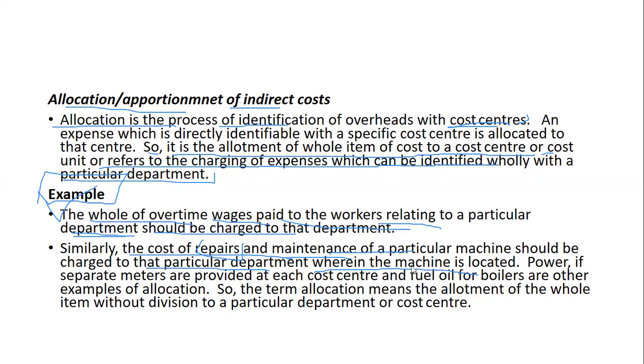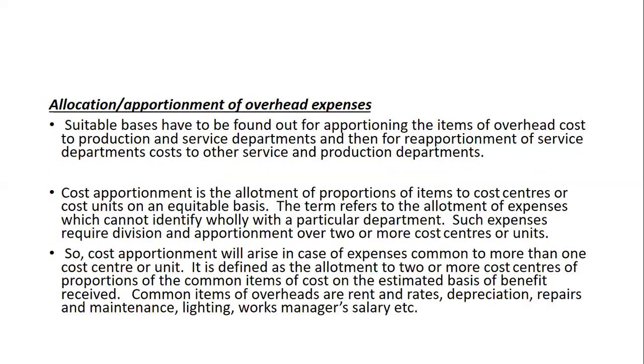We charge it where the machine is located. In other words, we charge it to that cost center. All right, rest self-study. We also have what we call apportionment of overheads.